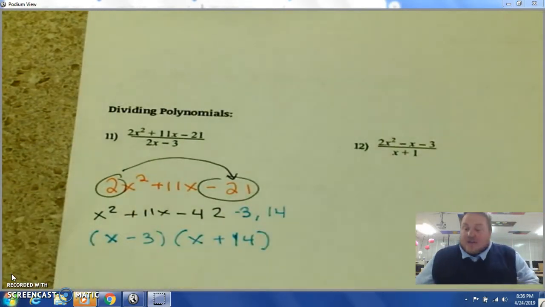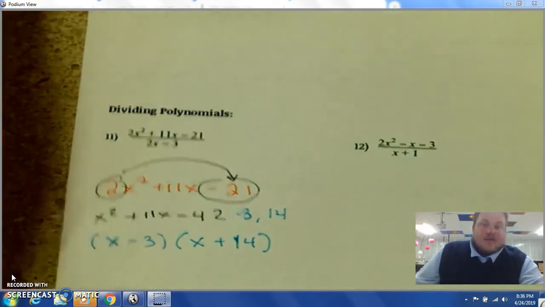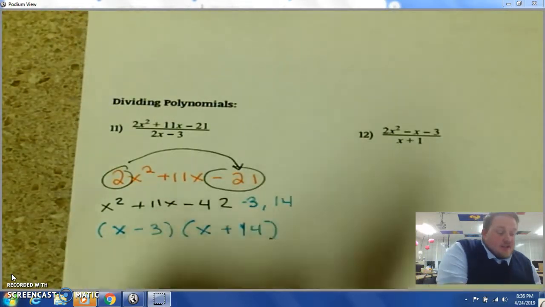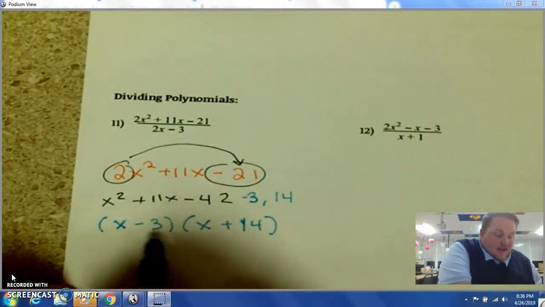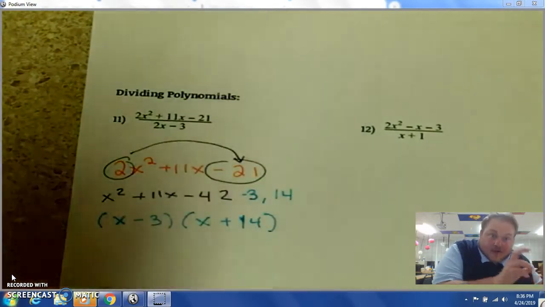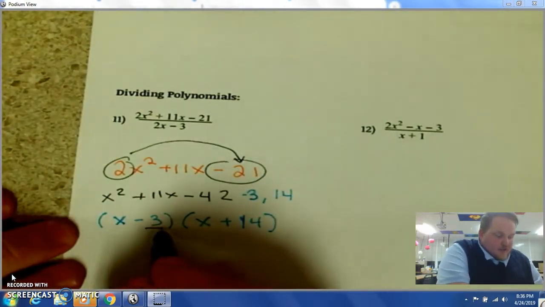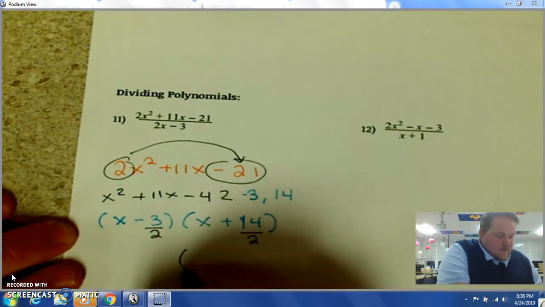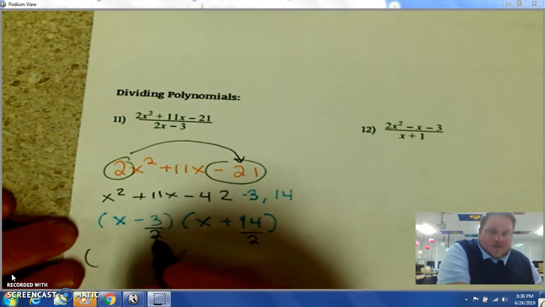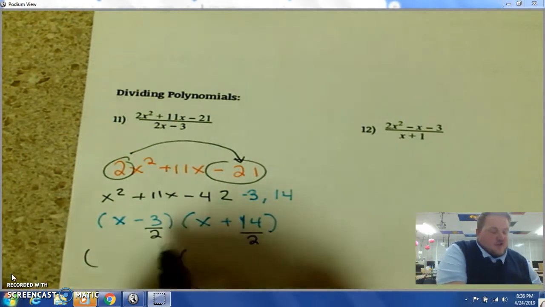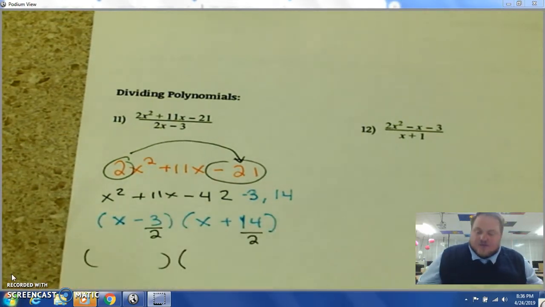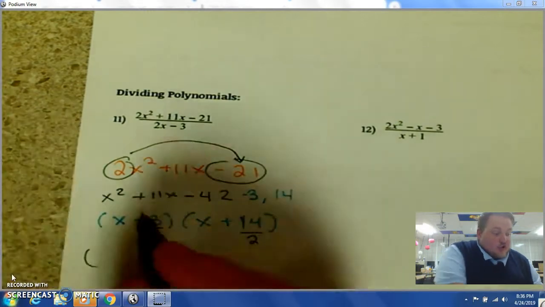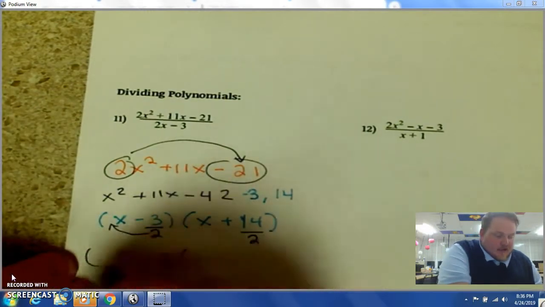Now with the slip and slide method, you still have to go back to that 2 and divide your factors at the moment by the 2, okay? And then simplify. Since 3 divided by 2 can't be simplified as a fraction, and we don't want it to be a fraction, remember, we're going to take that 2 and put it in front of the x.